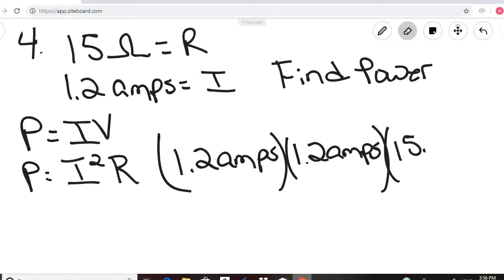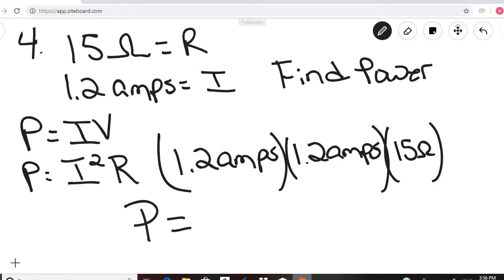Oops, it's 15. So then power with two significant figures will be equal to 22, and amp squared times ohms is a watt. So power is measured in watts.